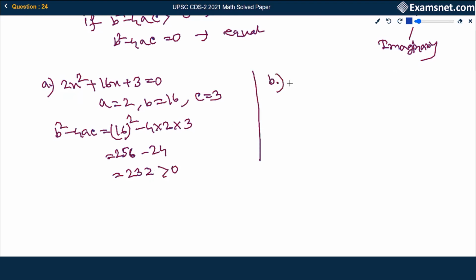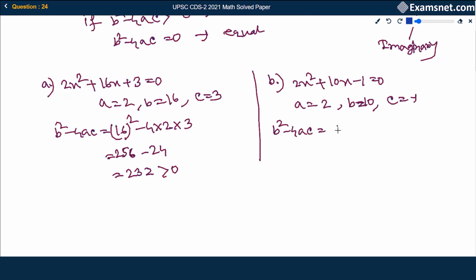Next, for the next quadratic equation, 2x squared plus 10x minus 1 equals 0. Let's compare with general form. We will get a 2, b 10 and c minus 1. So the value of discriminant is 100 plus 8. Again, we are getting 108, that is greater than 0.